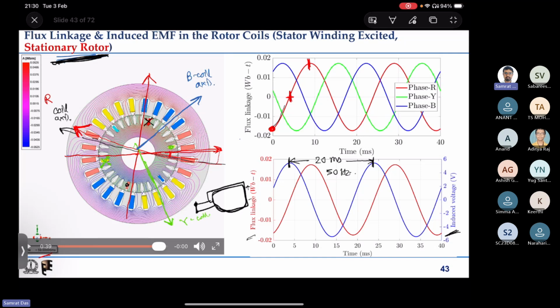That will lead to 50 hertz of current in the rotor coils, which will lead to a rotor magnetic field that is also rotating at 3000 rpm. So we have a stator magnetic field rotating at 3000 rpm and a rotor magnetic field rotating at 3000 rpm, so there will be some torque production, and your rotor will start rotating. That is the standstill principle: even if you do not give any excitation to the rotor, just because of electromagnetic induction, there will be torque production and the rotor will start rotating.